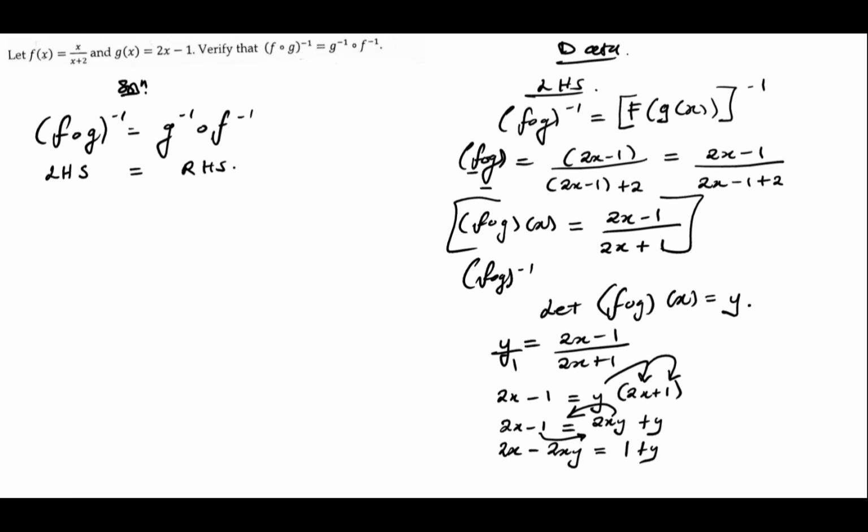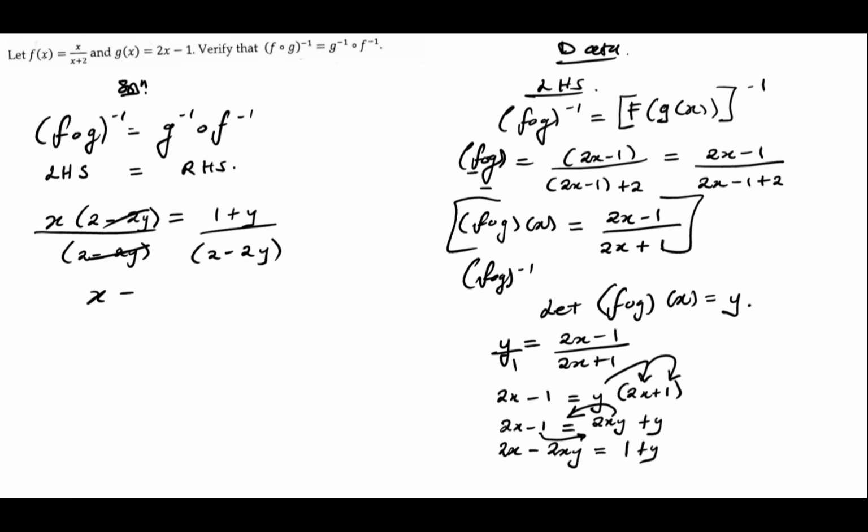If we factorize x, because our interest is x, we'll have x times 2 minus 2y being equal to 1 plus y. Remember, our interest is to find the value of x, so we divide both sides by 2 minus 2y.